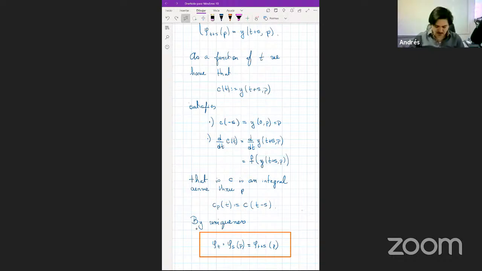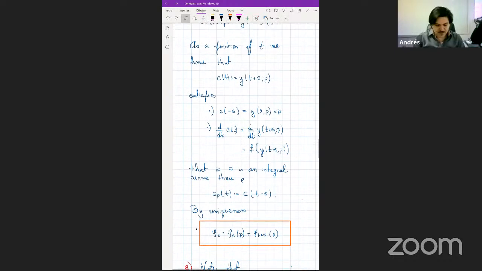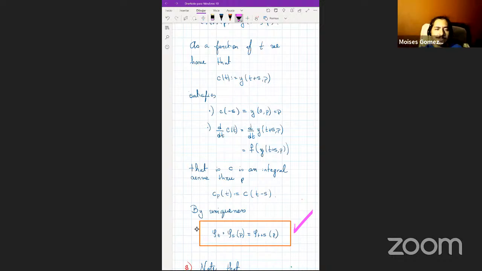Then, this is something that is very, very important. Did you also see this relation, Moises? I don't think so. Okay. Because this is very crucial.